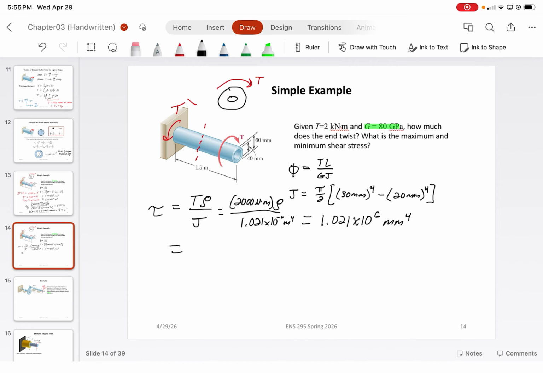And so our shear stress as a function of the radial position is equal to, geez, that seems like a large number. Roughly 1958.86 times 10 to the 6 times rho.